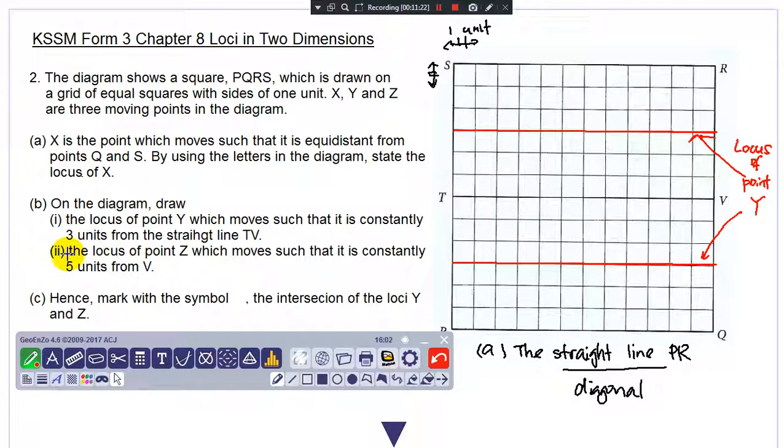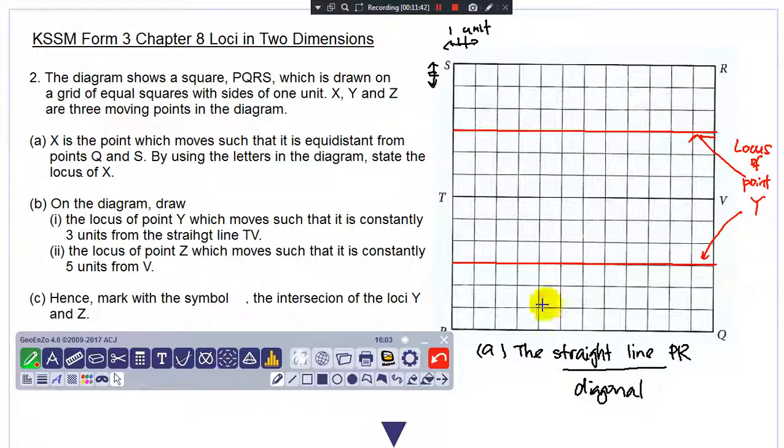How about the second part? The locus of point Z, which moves such that it is constantly 5 units from B. Constant distance from a fixed point will be a circle, but in this case, definitely we won't draw a full circle because the point Z only moves inside the diagram.